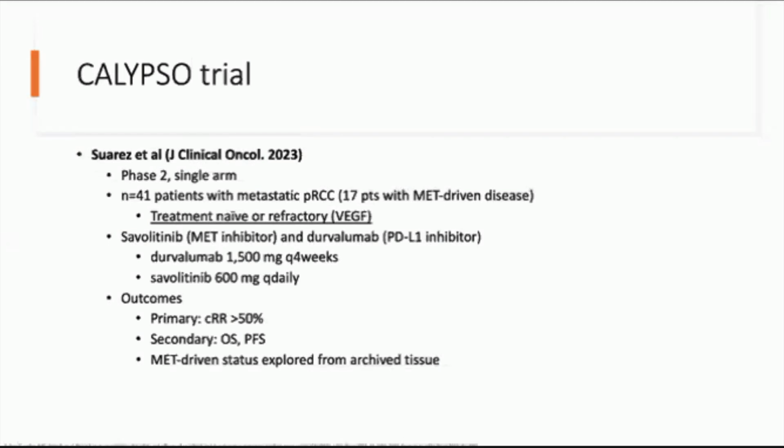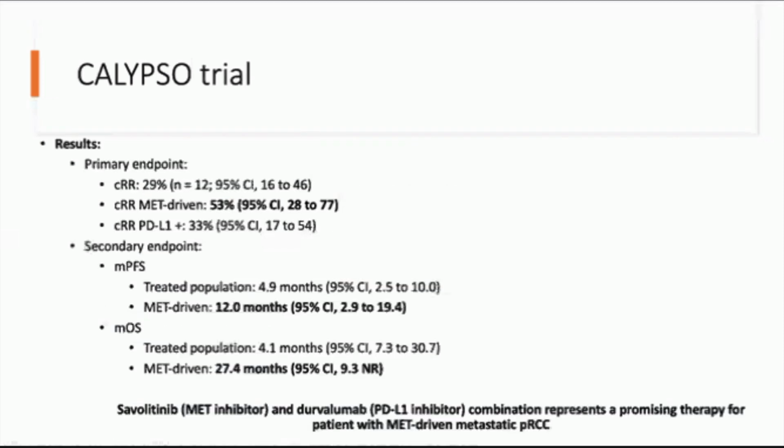Their primary endpoint here was a clinical response rate greater than 50%. So they found that in patients with a MET-driven papillary RCC, the clinical response rate was as high as 53%. Unfortunately, this wasn't seen in the rest of their cohort, where the clinical response rate was only 29%.